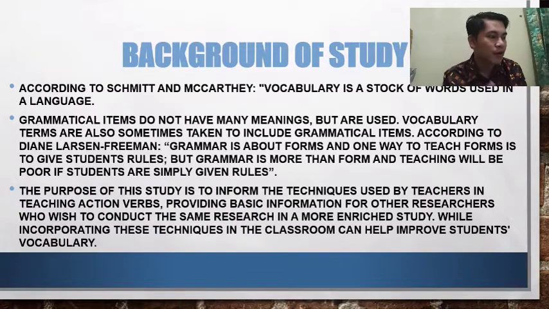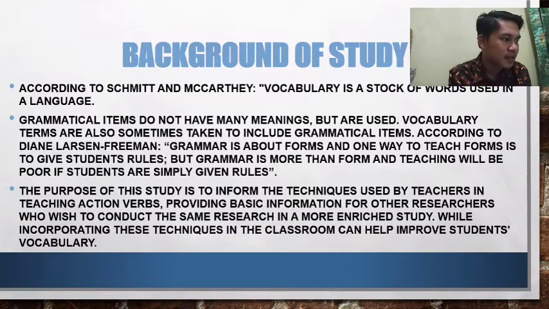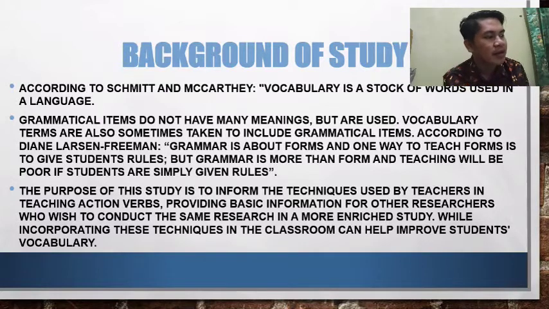So the third point is the purpose of the study, which is to improve the techniques used by a teacher in teaching action verbs, providing basic information for other researchers who wish to conduct the same research in a more enriched study, while incorporating these techniques in the classroom can help improve students' vocabulary. By mastering vocabulary, students will know the meaning of vocabulary in its context.